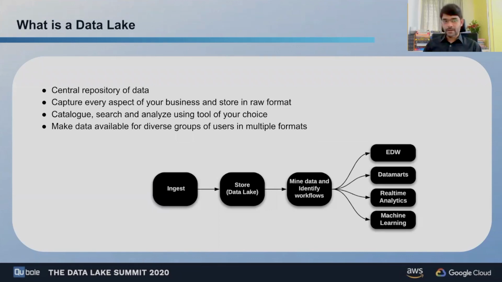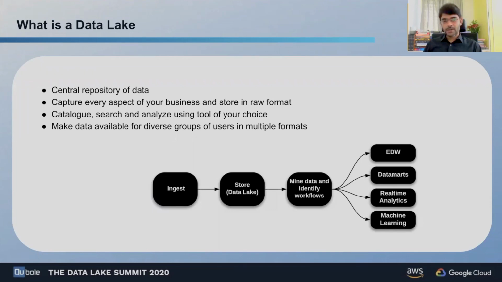Keeping all this in mind, in our journey in this session so far, I wanted to define what a data lake is. A central repository of data, ingested in its raw format.